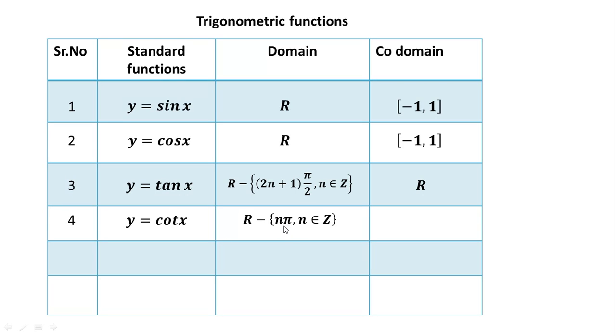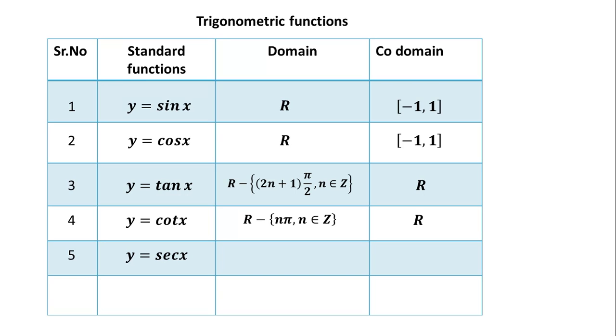So in general nπ. So sin x is 0 implies cot x is infinity. So remove all the points from the real line, and you will get the domain of cot x. So the domain of cot x is R minus nπ, where n belongs to Z, and the codomain is the whole real line. This is for cot x.